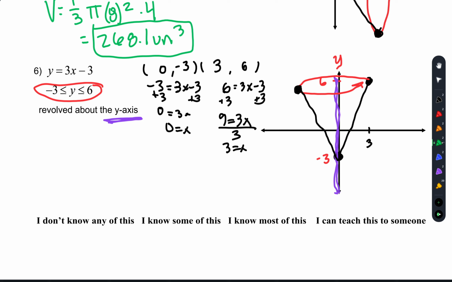So we want the volume of this cone, 1/3 pi radius squared. What's the radius of this cone? From the center to the edge, that radius is 3. And then the height of that cone, from top to bottom, the distance between 6 and -3, is 9.